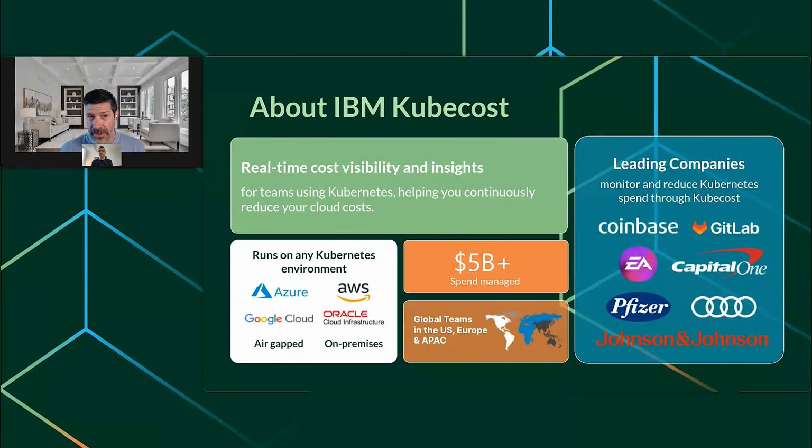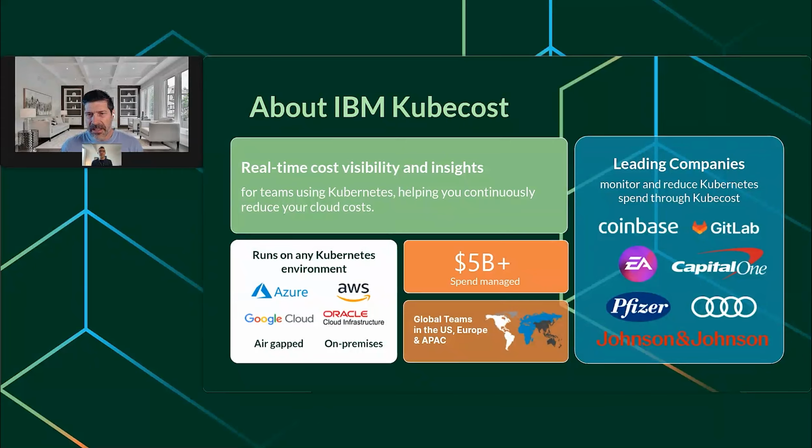If you're not familiar with IBM Kubecost, let me catch you up. We are a real-time engineering-grade cost visibility and optimization solution for teams that are working with containers. We help teams continuously understand and reduce their costs of operating Kubernetes while balancing performance. Our solution runs on any Kubernetes environment, AKS, EKS, GKE, custom flavors, unique environments are all covered by IBM Kubecost.